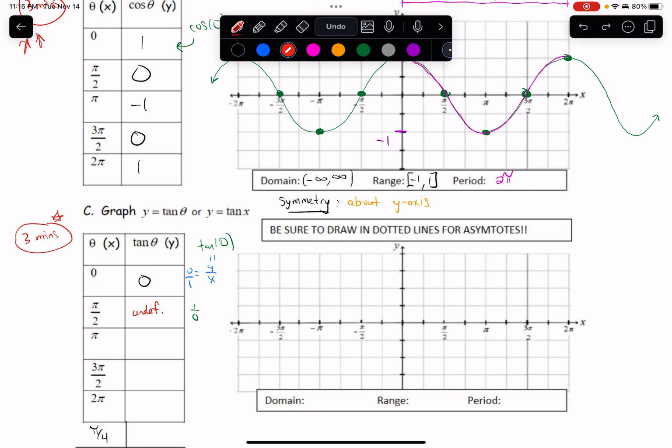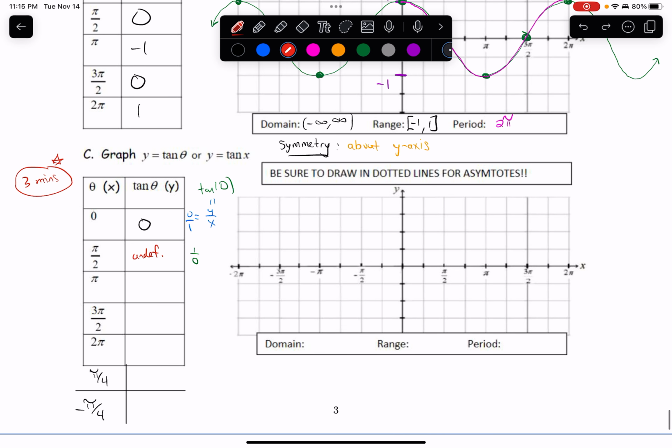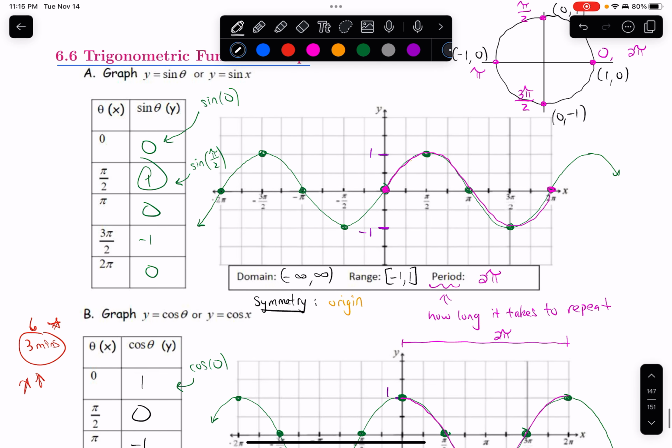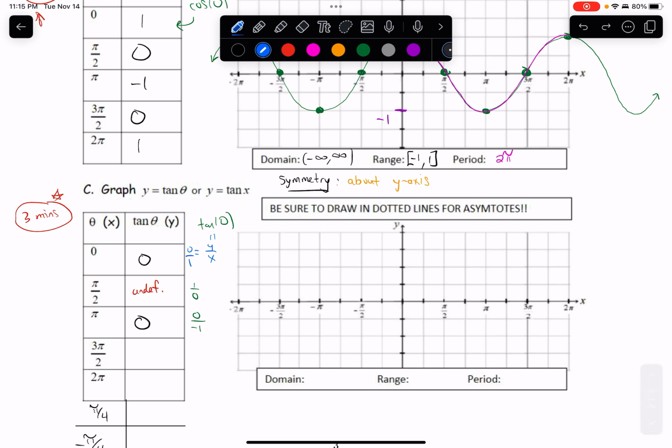At pi, if I do y divided by x, I'm going to do 0 divided by negative 1, and that is 0. Okay. At 3 pi over 2, this bottom angle, doing y divided by x, gives me negative 1 divided by 0. That is also undefined. I can't divide by 0.